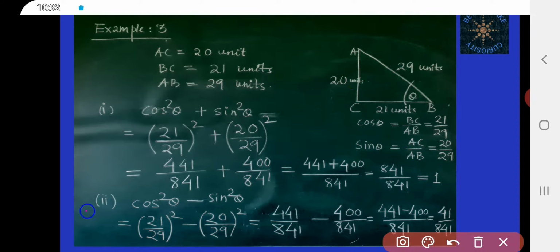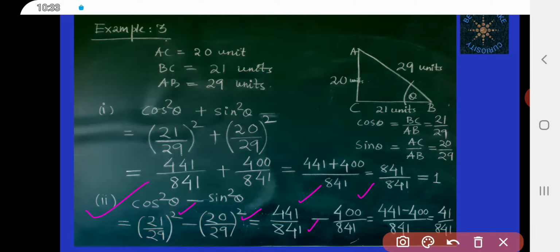Similarly, you can find here cos square theta minus sin square theta. So cos theta 21 by 29, whole square, and sin theta 20 by 29, whole square, and you get 441 by 841 minus 400 by 841.